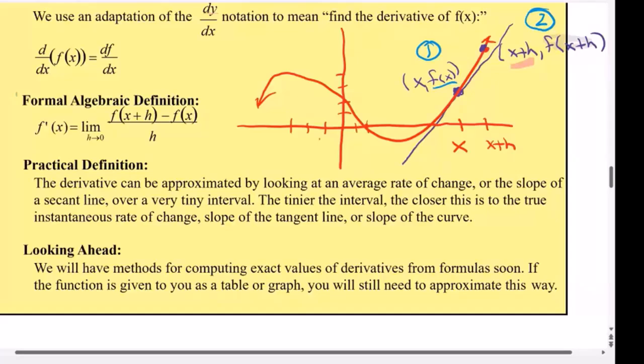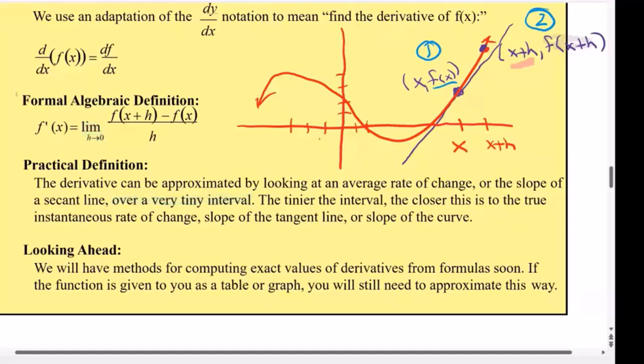But when I put this limit here, that is giving me a very tiny interval. The tinier the interval, the closer this is to the true instantaneous rate of change, which is the same as the slope of the tangent line, which is the same as the slope of the curve at that point.